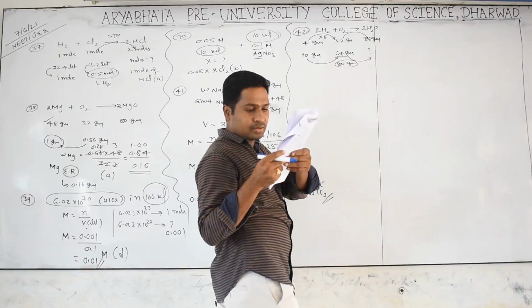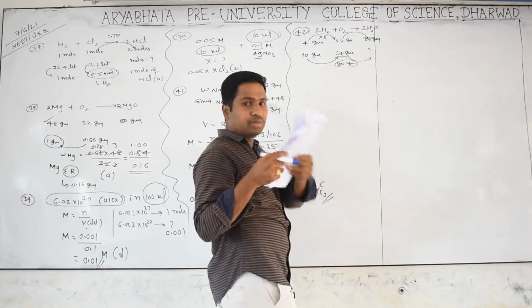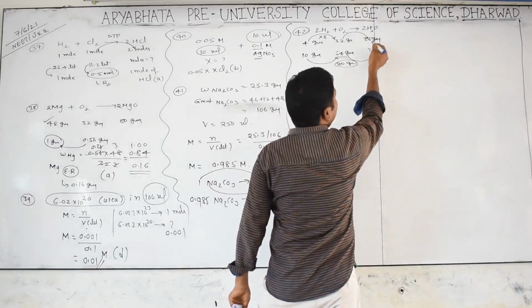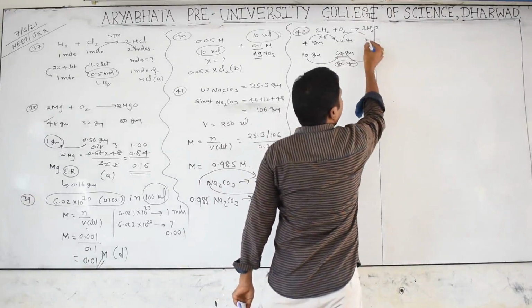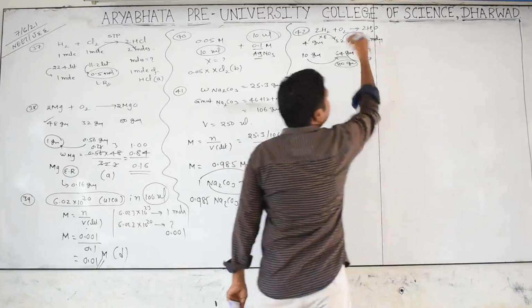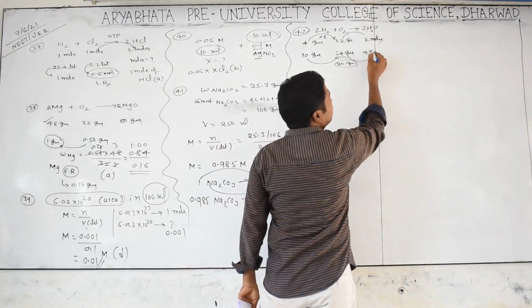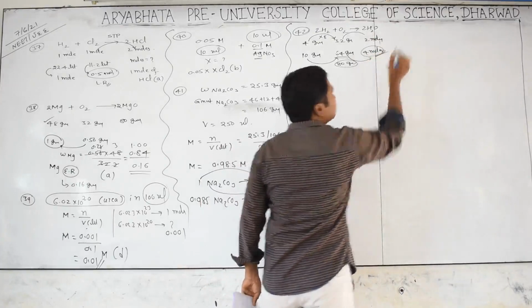The amount of water in moles is asked, so convert to moles. 32 grams gives 2 moles, then 64 grams gives 4 moles of water. That is the answer.